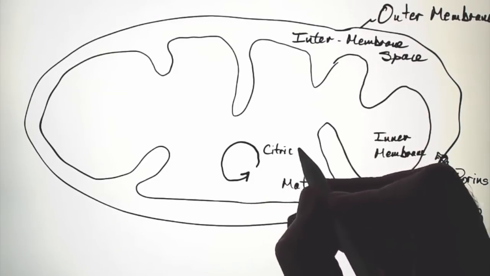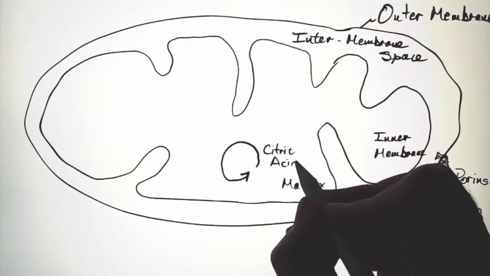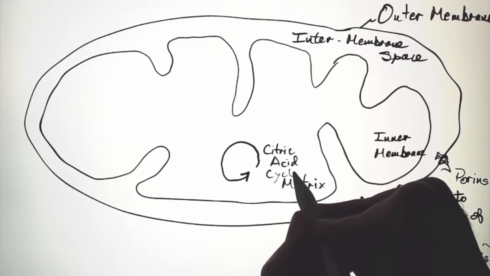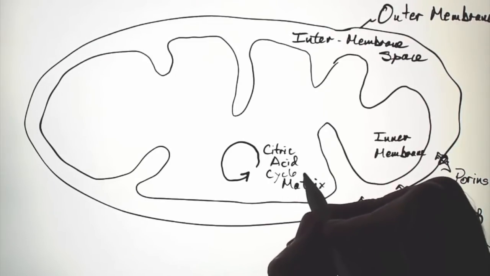One of the most important aspects of matrix function is all of the enzymes involved in the citric acid cycle, which breaks down pyruvic acid or pyruvate from glycolysis into carbon dioxide and ultimately water.